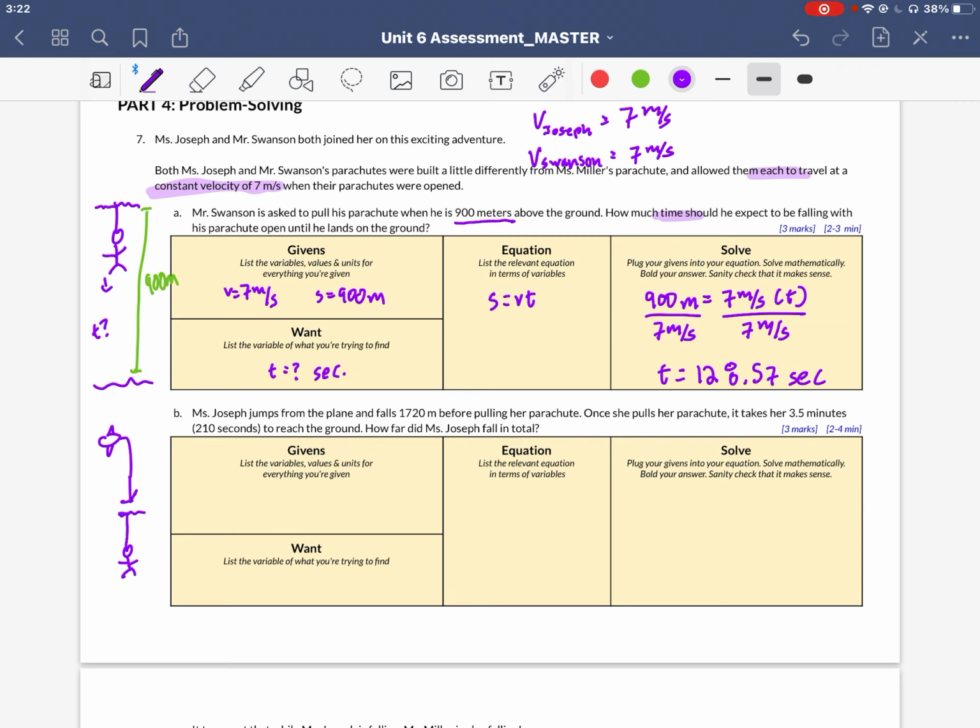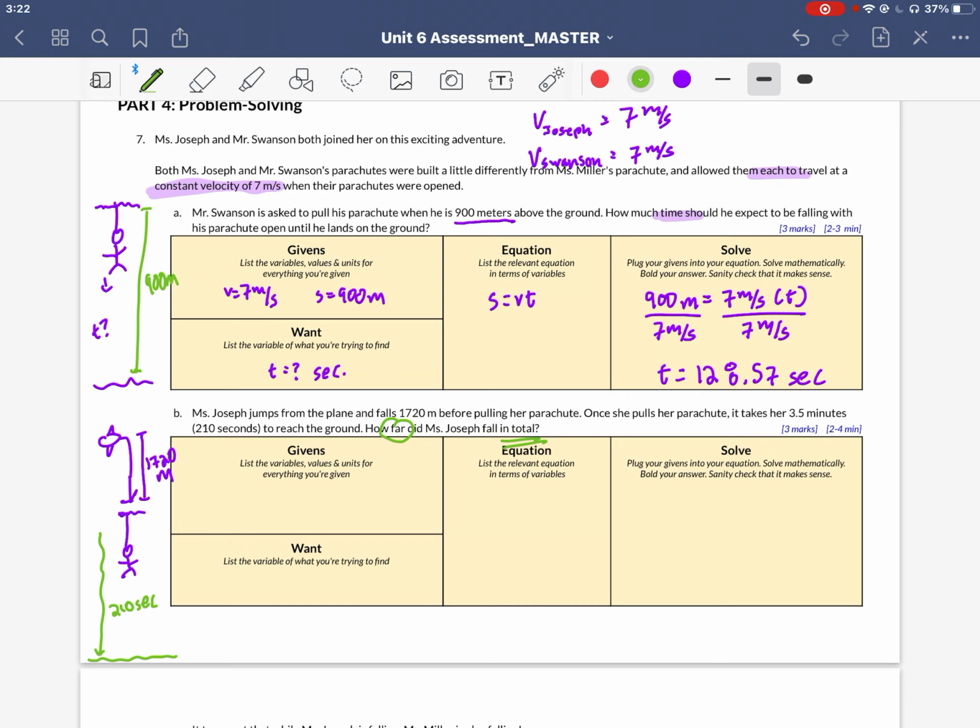She's going to pull her parachute. So she's gone 1,720 meters. She pulls her parachute, and then once she has her parachute, it takes her 210 seconds to hit the ground. How far did she fall in total?